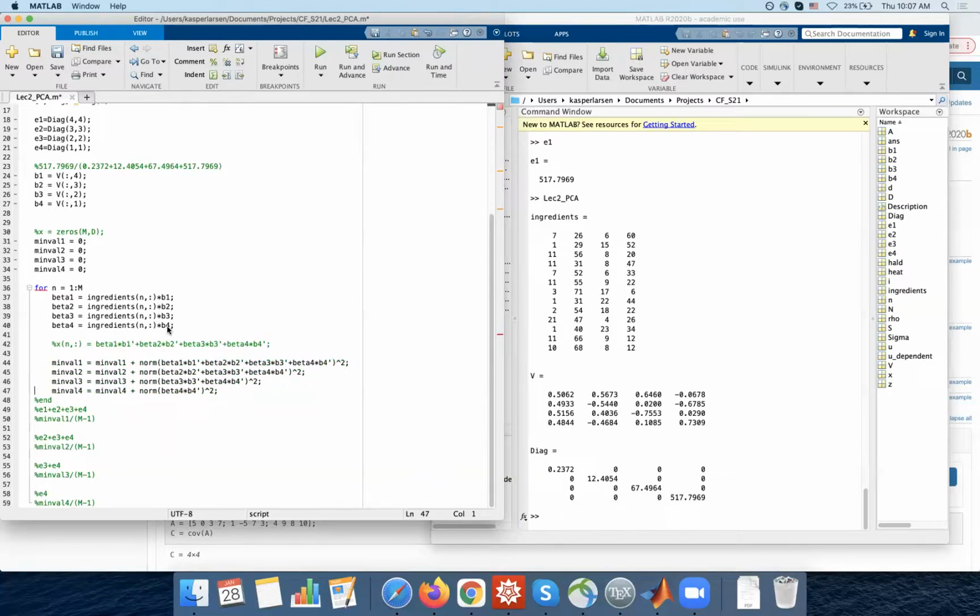The first one is when I use all the basis elements. The one I'm interested in is number 2. This is when the first basis element is what I'm using to approximate, and then what we get here is the error that remains, and so on.